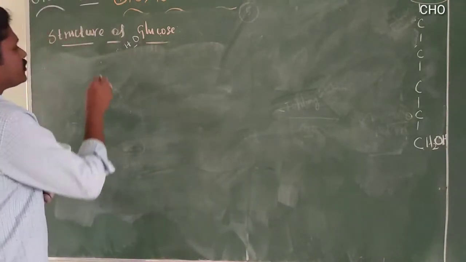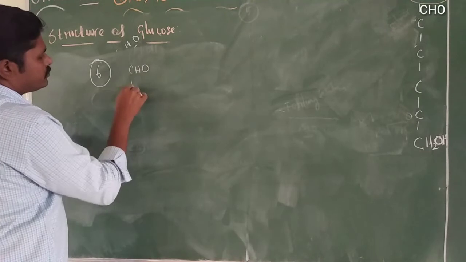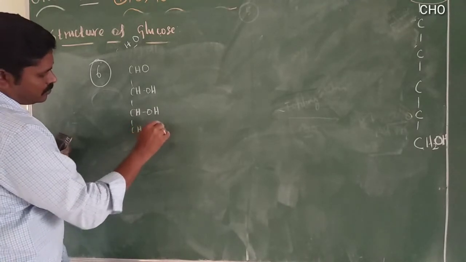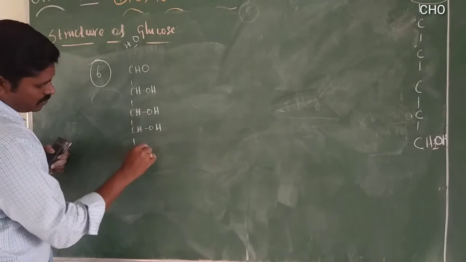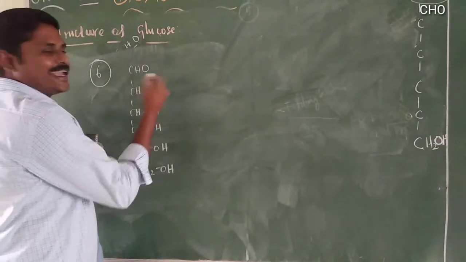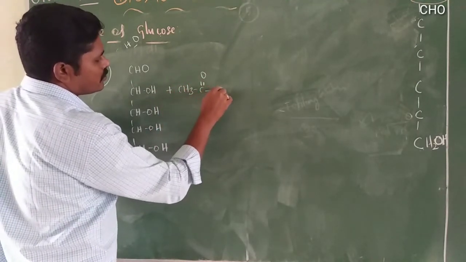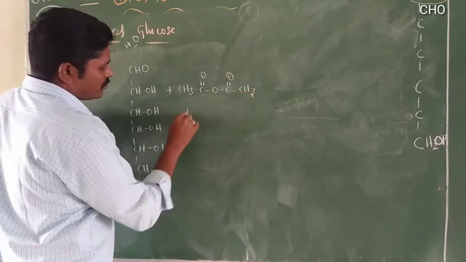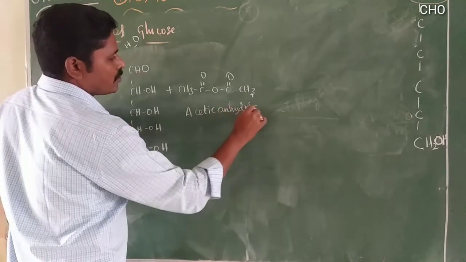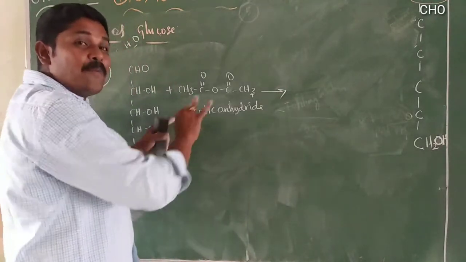In the sixth point, glucose reacts with acetic anhydride to give glucose pentaacetate.